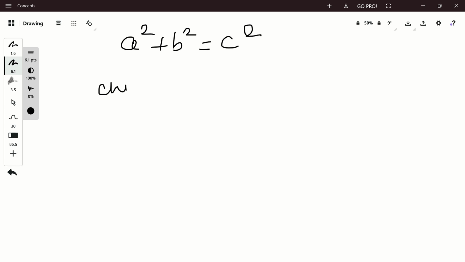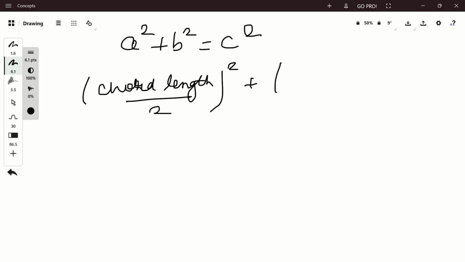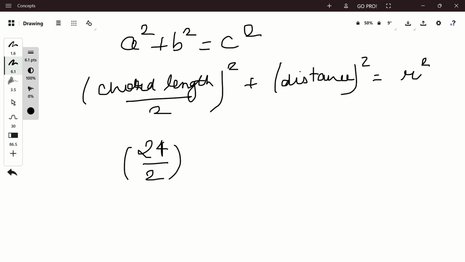Hence, the formula will be (chord length upon 2) squared plus distance squared is equal to r square. Substituting the given values, we have (24 by 2) whole squared plus 5 square is equal to r square.